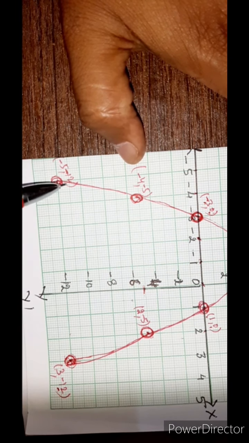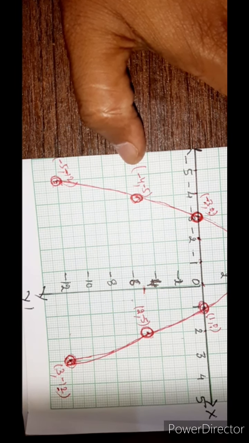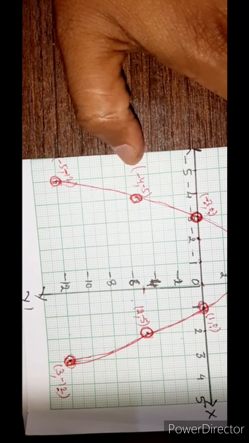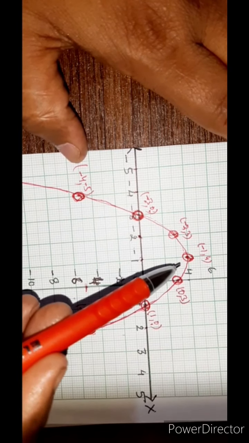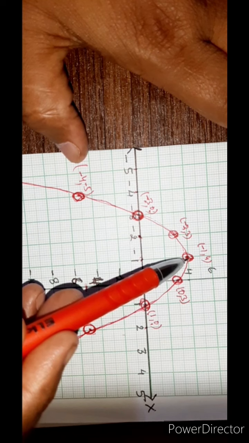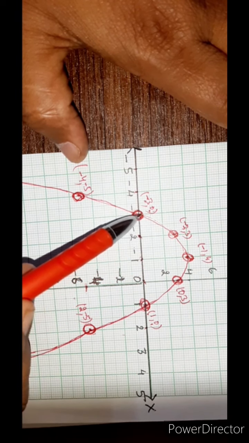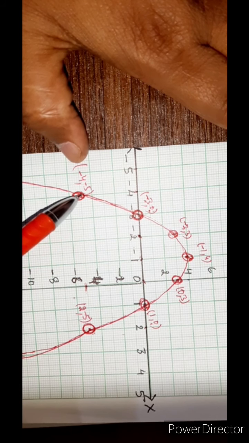Okay. -5, -12. Once again join the curved line smoothly with a free hand. Look at here. From here, this side, join each and every point. Okay, like this.